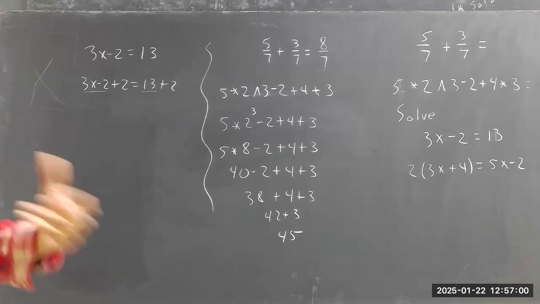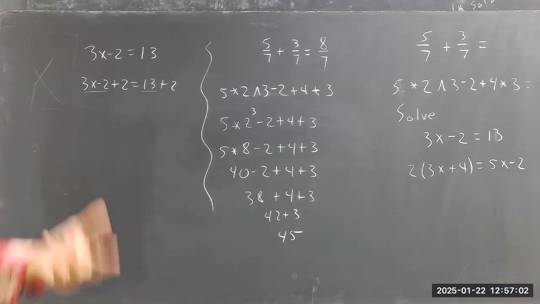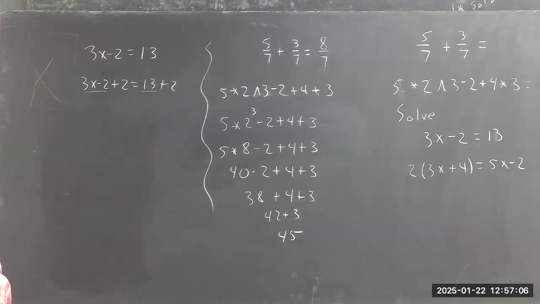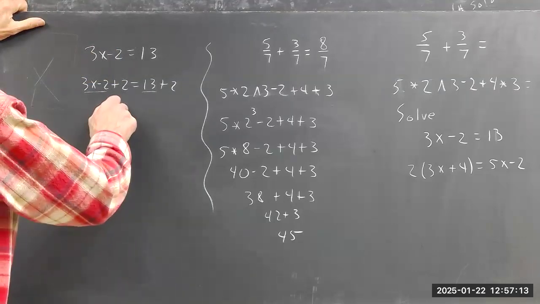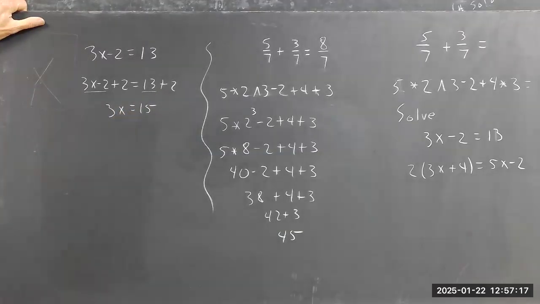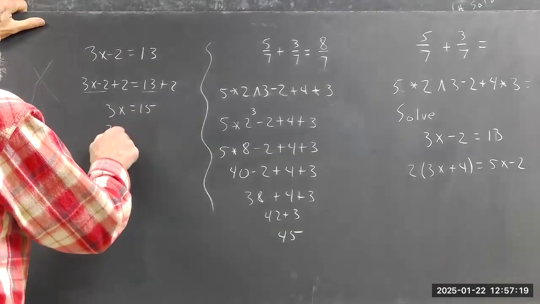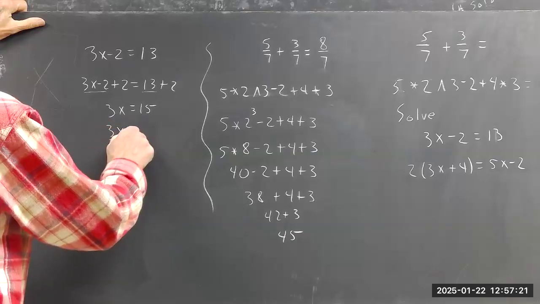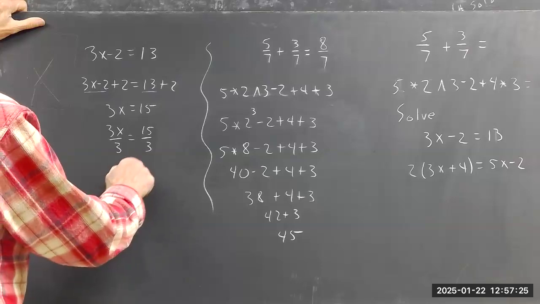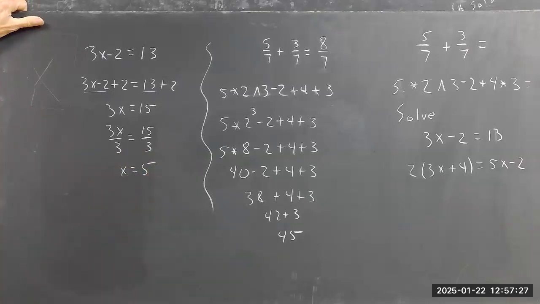Okay? Now, most people do it a different way that I don't want you to do unless you do one extra thing. And I'm going to explain it to you in a minute. Okay? But let's go with this. Negative 2 plus 2 is 0. This gives us 3x equals 15. Now we can divide both sides by 3. And we get x equals 5. Okay?